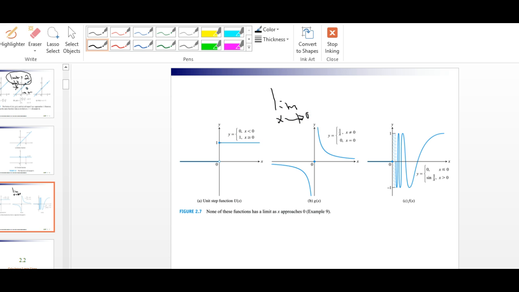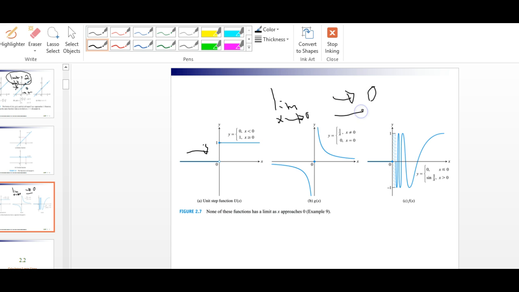So when x approaches 0, what happens? Now if you approach 0 from the left hand side, what is happening to the function? The function is like that. So the function is heading towards 0, right? So from the left it is heading towards 0.